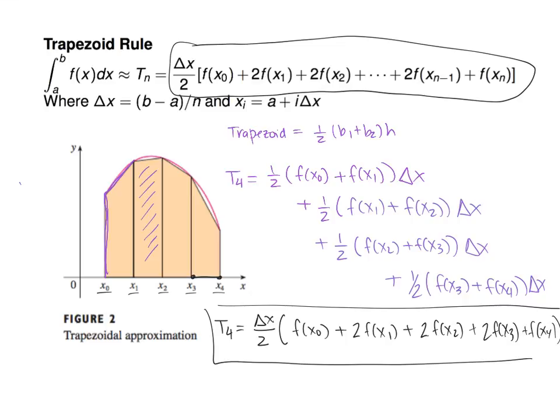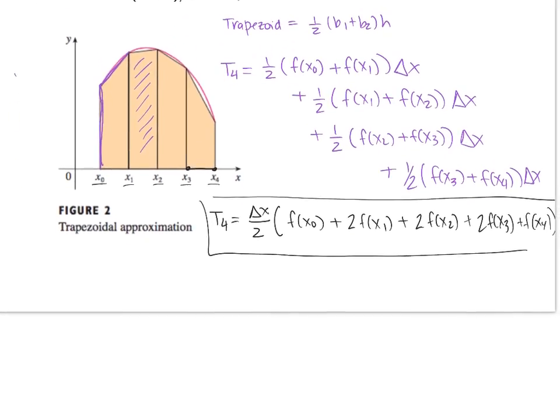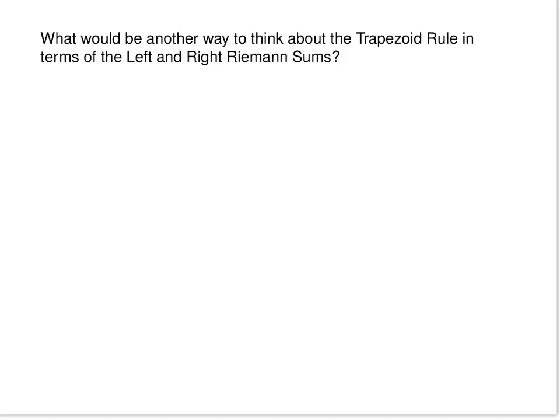Does anybody see how this relates to the left and right sums? Put in your f of 0, be like your left sum, and your f of 4 would be your original right sum. Kind of, yeah. It's the average of the two.